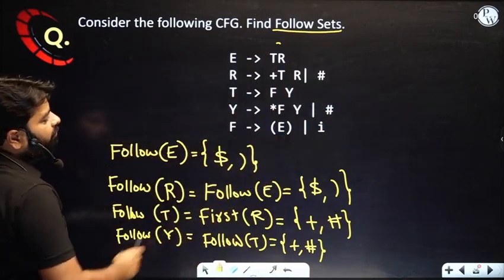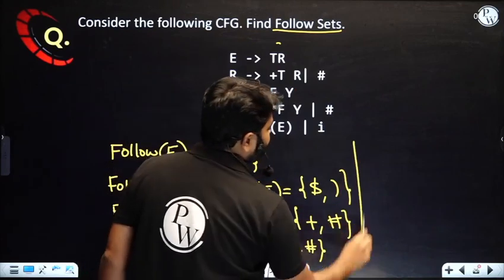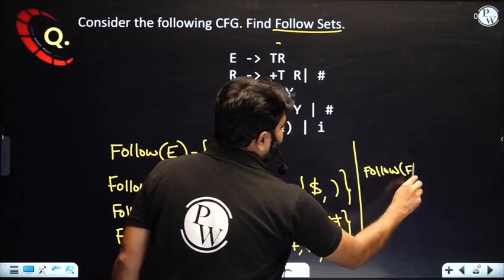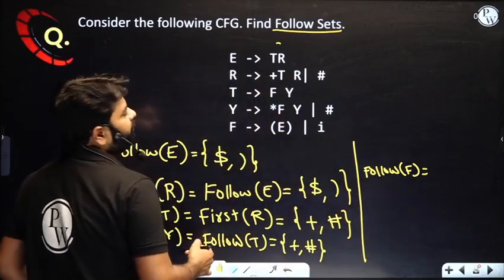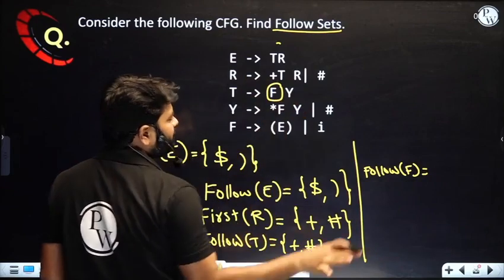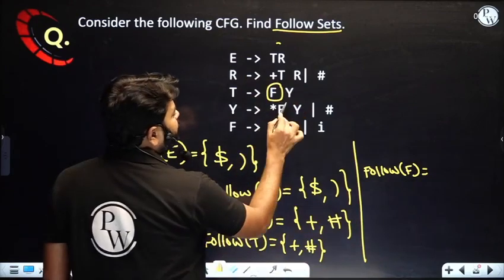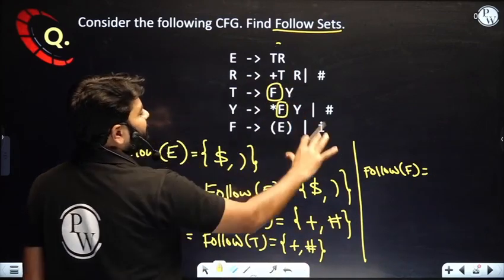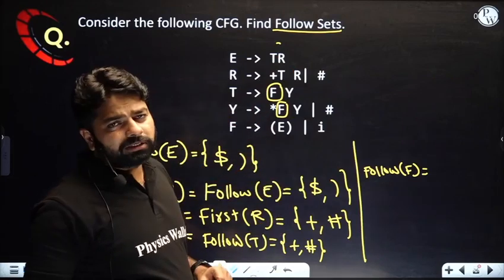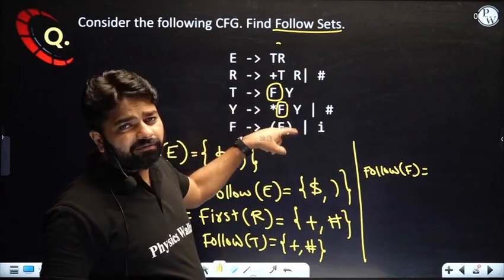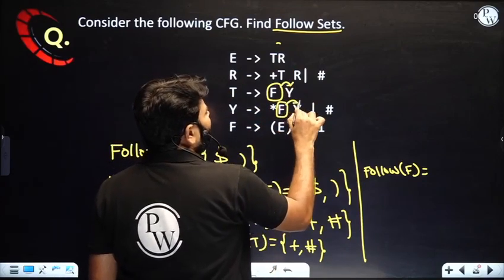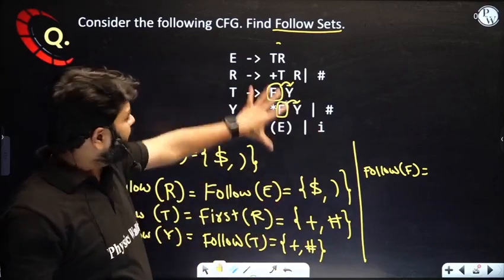And next, follow of F. What is the follow of F? You have one F here, and the second F. Any other? Look at it carefully. For these two F's, both times follow of F means first of Y. So it immediately depends on Y. Does Y always give something in this grammar?